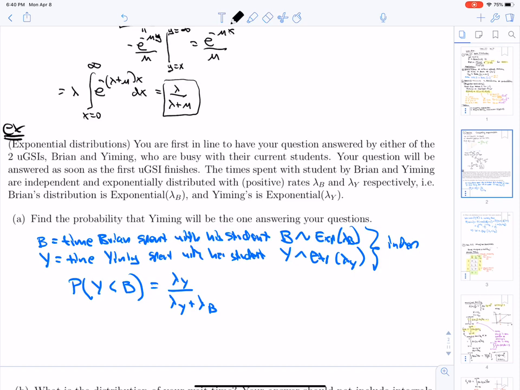Brian's distribution is exponential(lambda_b), Yiming's is exponential(lambda_y). To find the probability that Yiming will be the one answering your question, we're looking for the probability that Y is less than B, or the probability that B is greater than Y, which, since B and Y are competing exponentials, will be lambda_y over lambda_y plus lambda_b.